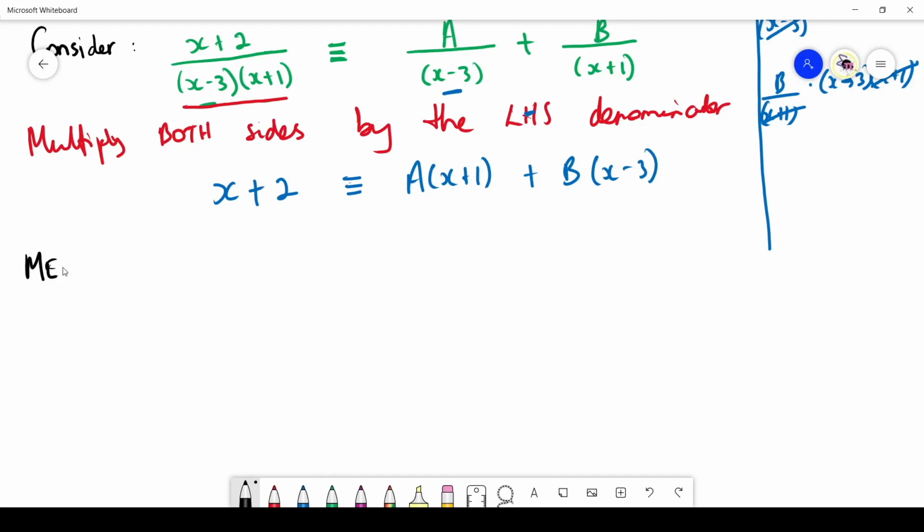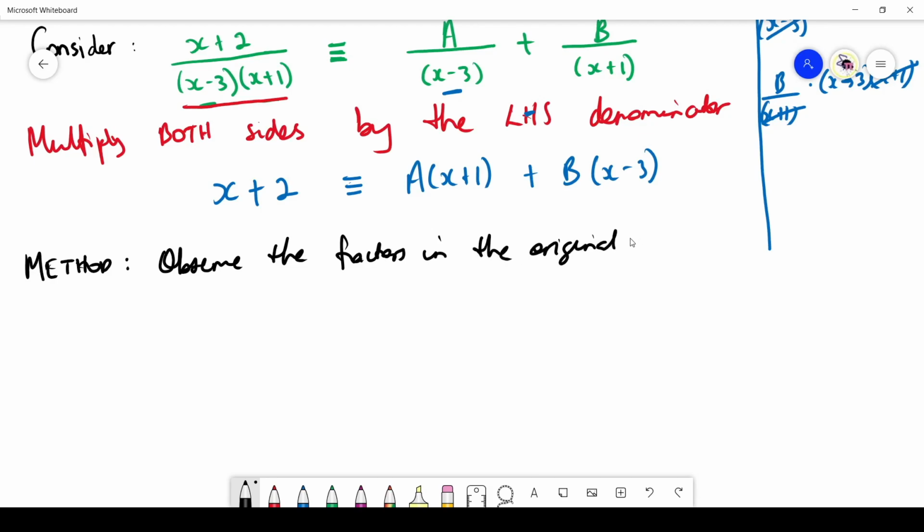So one of the first methods that they will tell you to do is to observe once again from your original question, right? Observe the denominator, the factors. Observe the factors in the original fraction, in your original denominator. I'm giving you guys some notes. So observe the factors in the original denominator.